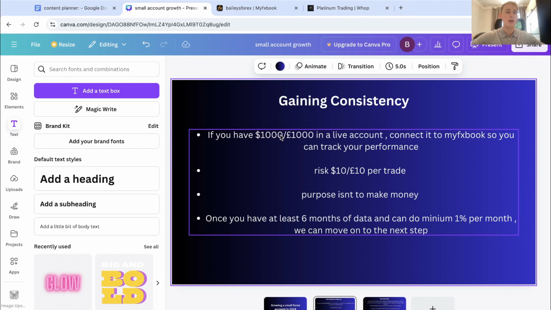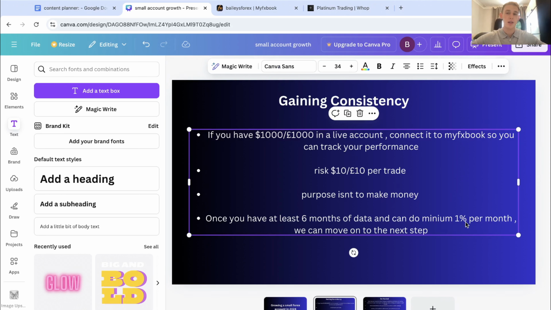So I would recommend at least having 6 months of data on MyFXBook. And realistically, you need to be doing a minimum of 1% per month. Otherwise, you don't really have an edge in the market and you need to go back to the drawing board, adjust the edge slightly, or backtest a new one. And then after this, we can move on to the next step.